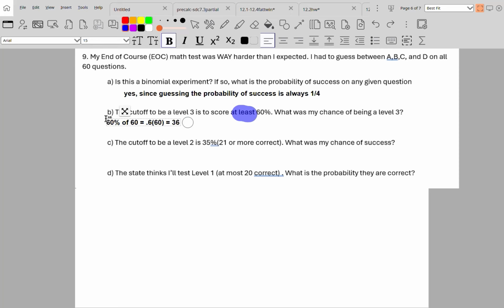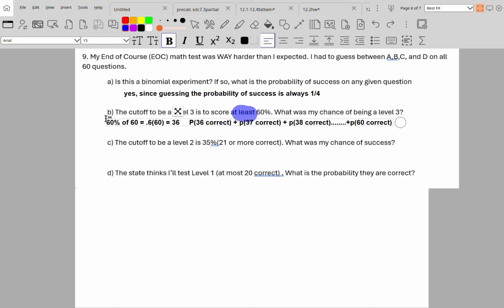Now, this means that I can get 36 questions right, 37, 38, 39. It's the probability of 36 correct, plus the probability of 37 correct, plus the probability of 38 correct, dot, dot, dot, plus the probability of 60 correct.